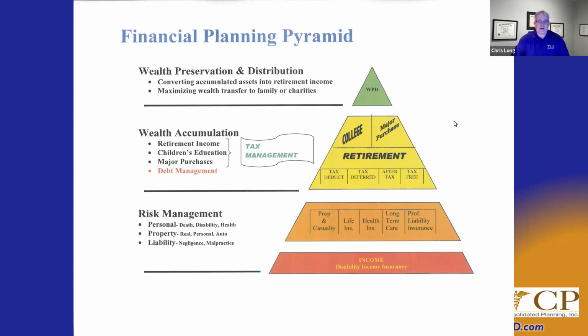And the only thing that I know that protects one's income is some form of disability income insurance. That can come from your employer, it can be individual, could even be the government through something like Social Security. So we want to learn a little bit about those different types of products and how they work, because again, without income, we can't do anything else.